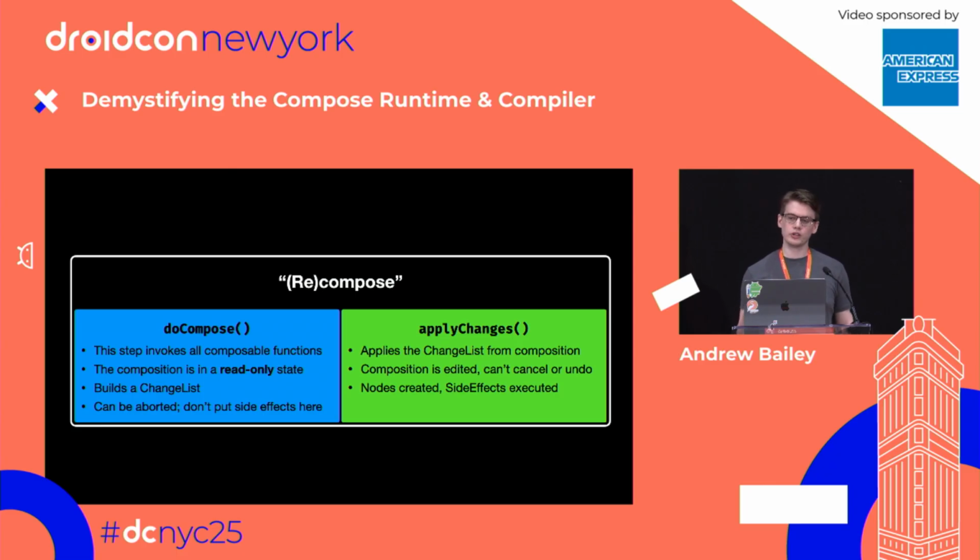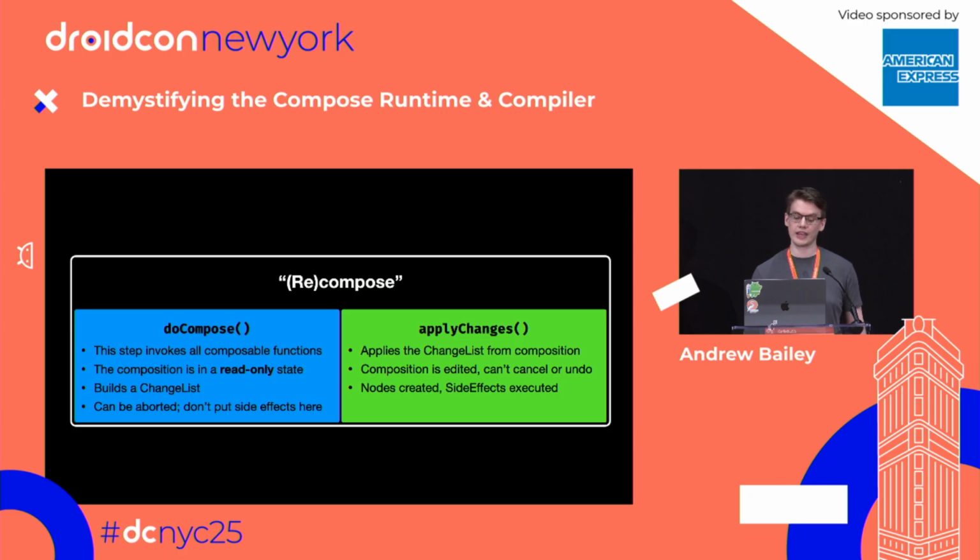The other phase that we normally assume is part of composition is called apply changes. This is where we run through that change list and actually apply everything to the composition and realize the results of your composition. This is when the composition goes into an editable mode, and then once we start applying changes, we can't stop. There's no way of going back from this.